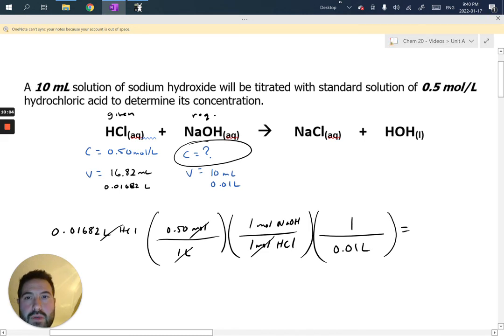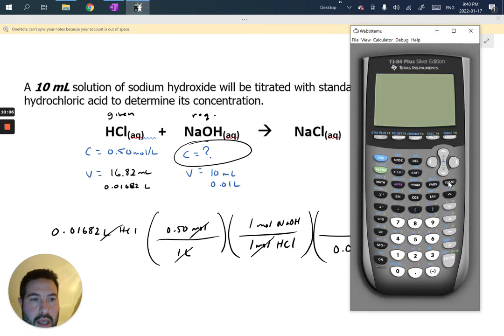So I'll take out my trusty calculator here, and I'm going to take my 0.01682. I'm going to multiply that by 0.5. Okay, that's my concentration. I don't need to do the 1/1, and then I'm going to multiply by 1 over my volume of sodium hydroxide, 0.01.